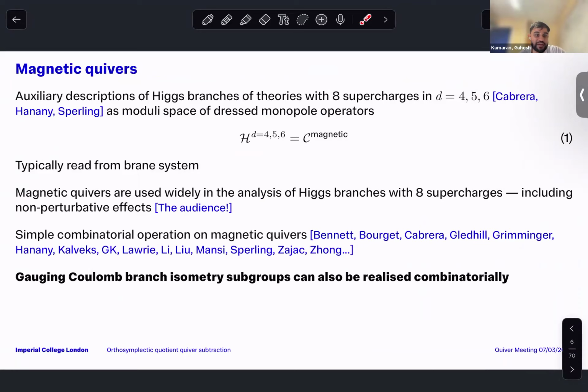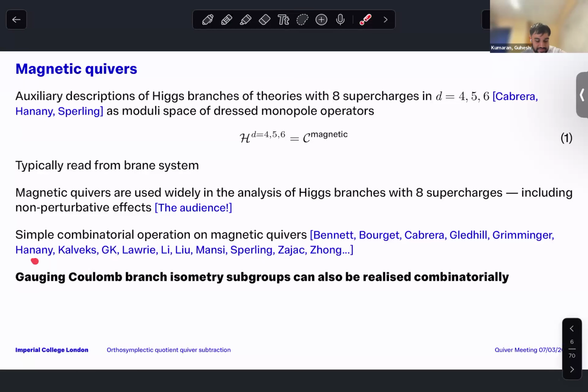And the best techniques we have to read them typically come from some brane systems. And they're very powerful because they incorporate non-perturbative effects that you may not have access to with a Lagrangian or something like this. And if I want to study the Higgs branches of these theories in higher dimensions, 4, 5, and 6, then I have a set of very simple combinatorial operations I can do in the magnetic quiver that will shed light on the structure of the Higgs branch in this higher dimensional theory.